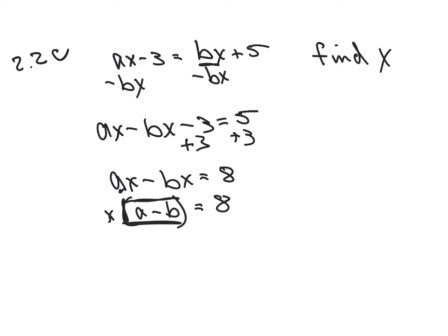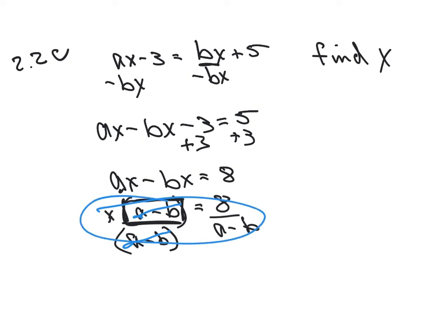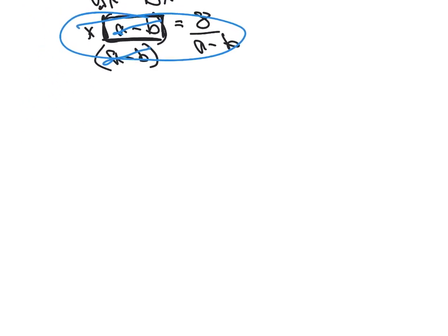Because it's in the parentheses, it is one unit, one piece. So if we divide both sides by a minus b, then we can cancel that, and we have x equals 8 over a minus b, and that is as good as it gets. Can't go any further than that.